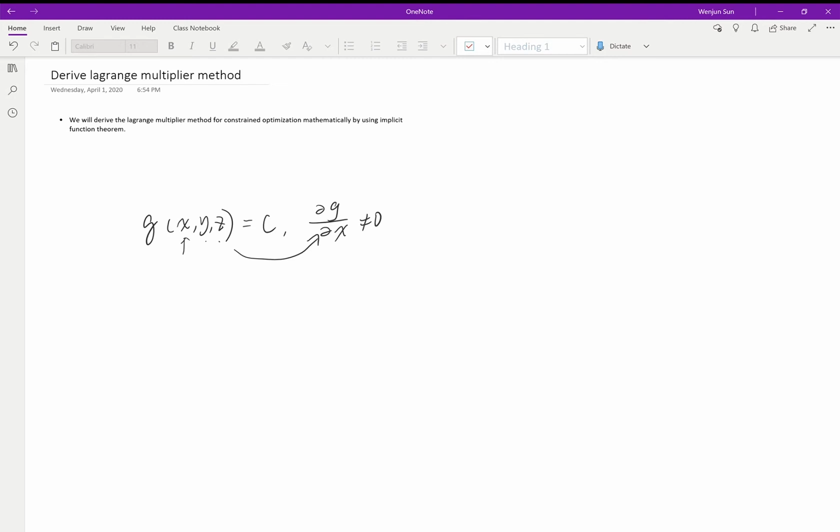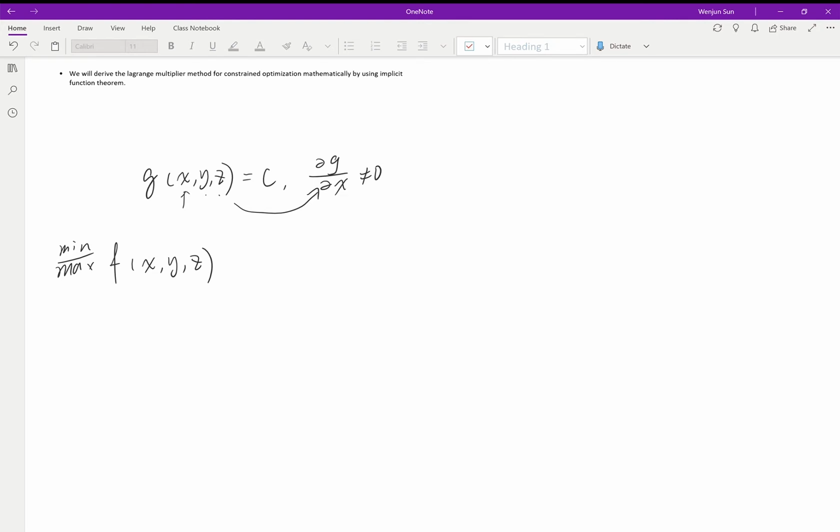But just for illustration, I'm going to think about a general problem where I'm going to maximize f of x, y, z. Max or min actually doesn't matter, right? Both are done by the same condition, subject to g of x, y, z equals some constant.